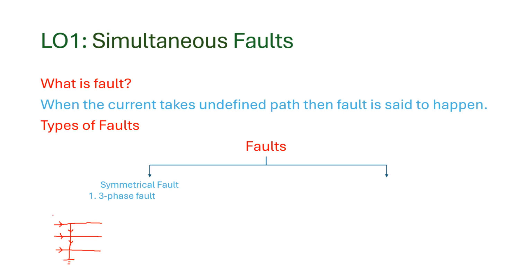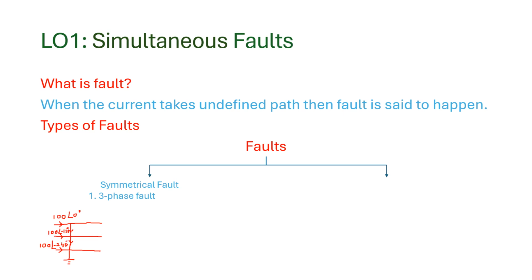Suppose the current in line R after the fault is, say, 100 at an angle 0. Now the current in another phase will be magnitude 100 and the angle will be minus 120, and the current in another line will be also 100 at an angle minus 240.